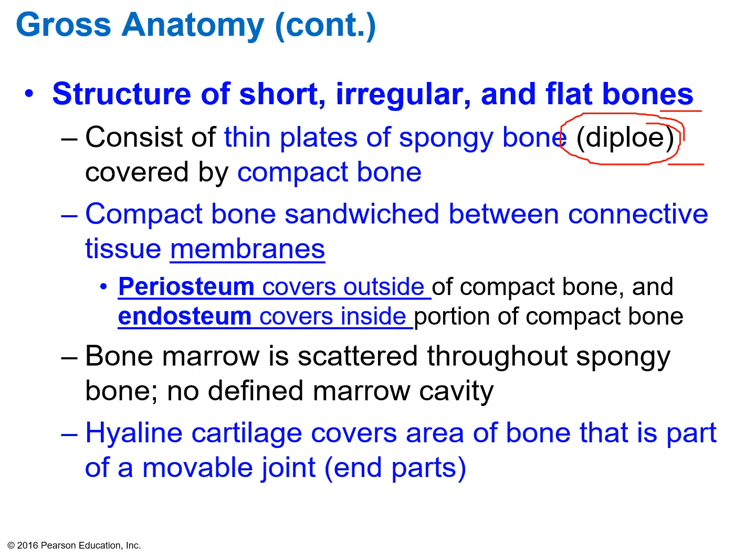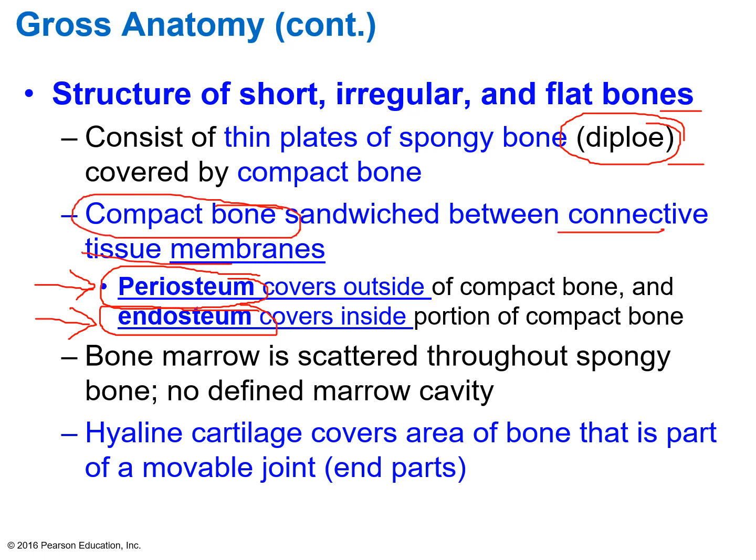And what we see happening is that compact bone will have a connective tissue membrane that will wrap itself around. It will have what we call the periosteum covering it on the outside, and then the endosteum will cover it on the inside. So once again, if you see the term periosteum and endosteum, please remind yourself that this is a connective tissue membrane that covers the compact bone, periosteum from the outside, endosteum from the inside.